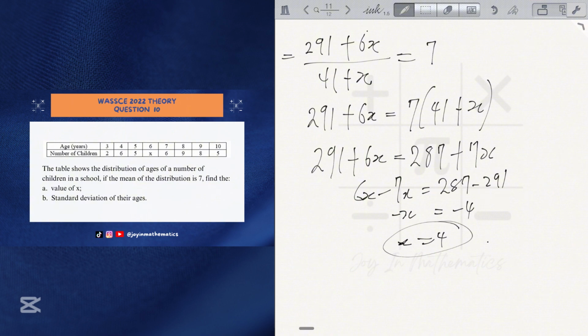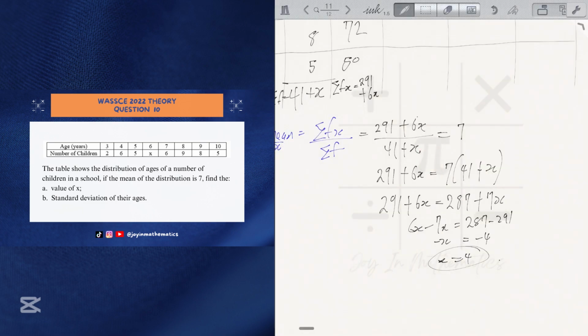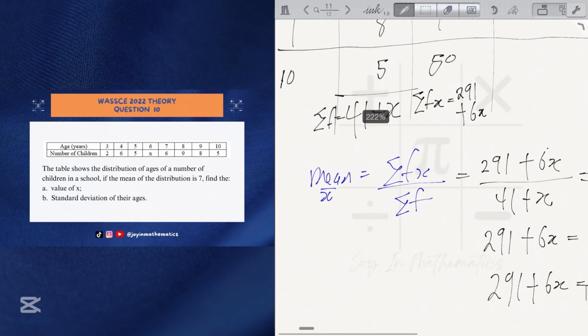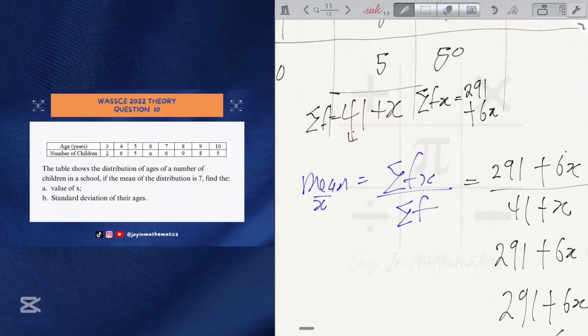Interesting. Now if we have x equal to 4, we can go back and make our substitution. x equal to 4, now we come here and substitute the value of x. So we will now have our summation f to be equal to 45, and x equal to 4.